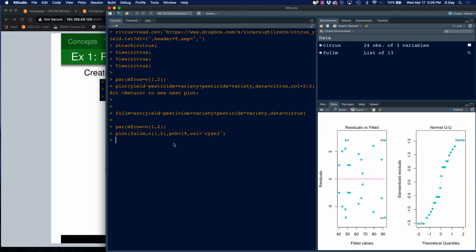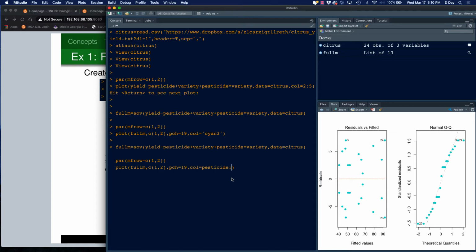There's an alternative way to color these if you want them to be colored based off of the grouping factor A and B groupings. And the way you would do that is right in here, instead of color equals cyan 3, you could literally put pesticide. Let's hope this works the first time I do it. Not resticide, but pesticide.